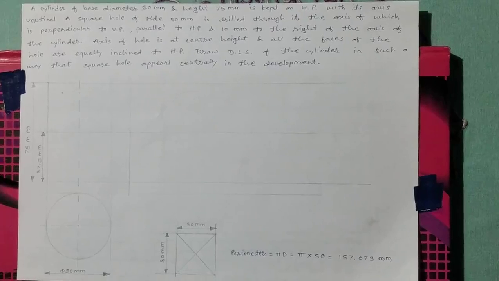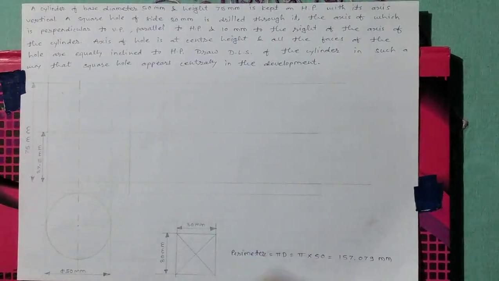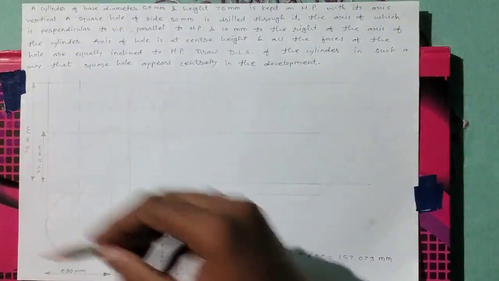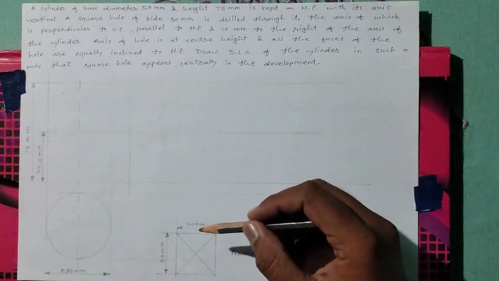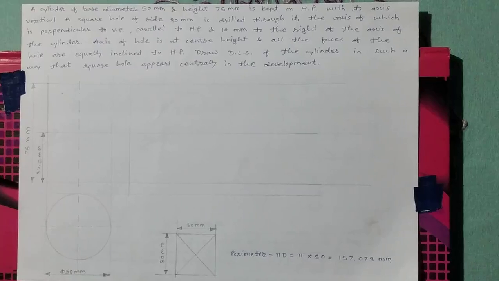After that, there is a square hole of side 30 mm drilled through it, the axis of which is perpendicular to vertical plane and parallel to horizontal plane and 10 mm to the right of the axis of the cylinder. This is the axis of cylinder, and this is the axis of the hole which is to be drilled.